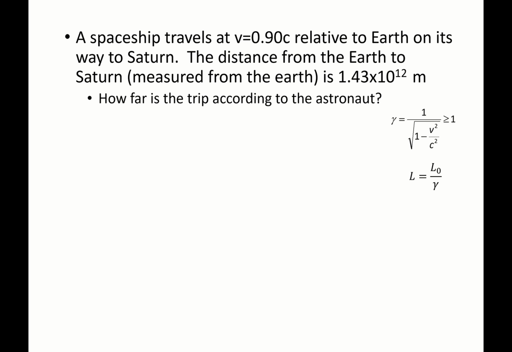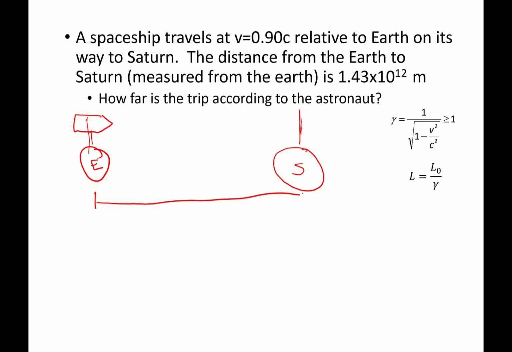So the question is, which one is the proper length? Well, if I draw a picture, here's the Earth, here's Saturn. The astronaut is traveling as he measures this distance. So he's moving past these things, so he's not measuring the proper length. The proper length is the length measured by someone on Earth to whom Saturn is relatively stationary.